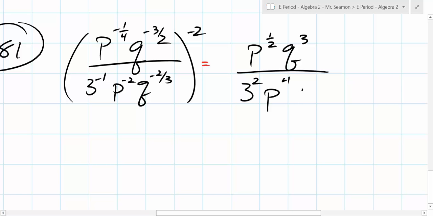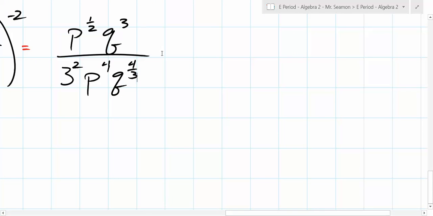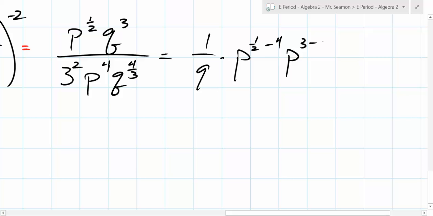Thank you. And q to the what? 4/3. You could, but again, so you could write it as 1 over 9 times p to the 1/2 minus 4. Yeah, p to the 3 minus what? Q. Sorry, q. Thank you.